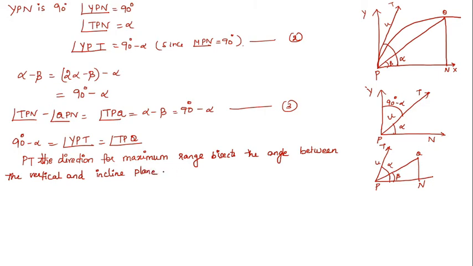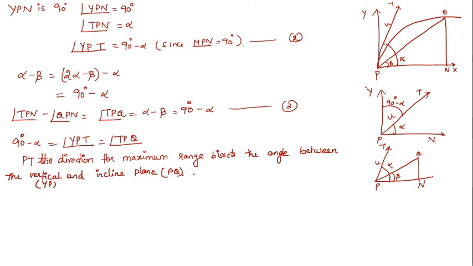So inclined plane in the sense it is PQ and vertical plane is YP. When you look at the diagram, you can clearly understand YP and PQ. There is a line which is bisecting, it is PT, right? That is what we are writing as a sentence. So PT, the direction for maximum range, bisects the angle between the vertical and inclined plane.